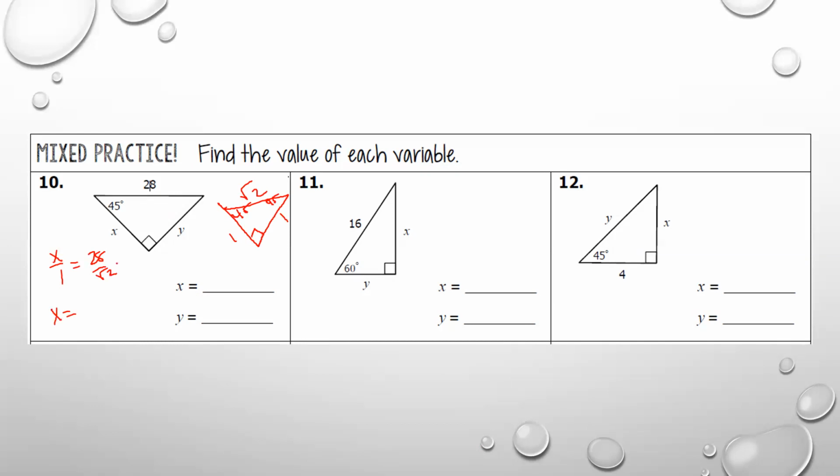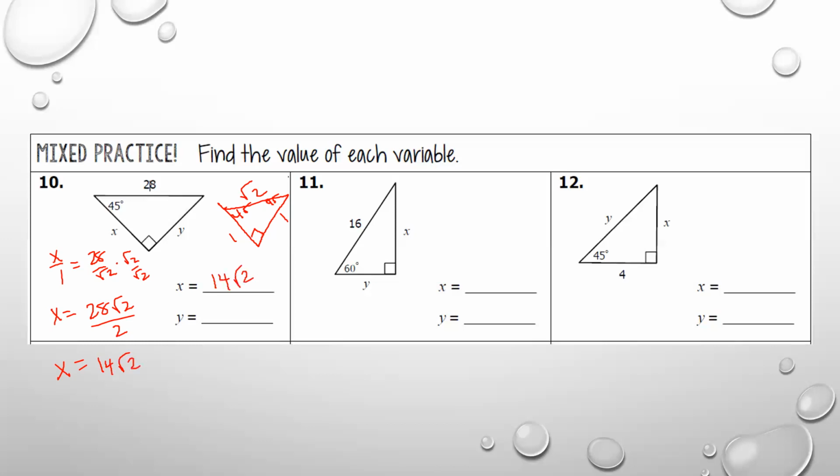I'm going to multiply by root 2 over root 2. 28 times root 2 is 28 root 2. And square root of 2 times the square root of 2, well, that's just 2. This can be simplified one more time because 28 can be divided by 2. So 28 over 2 reduces to 14, and that root 2 just has to stay at the top there. So x is 14 root 2.